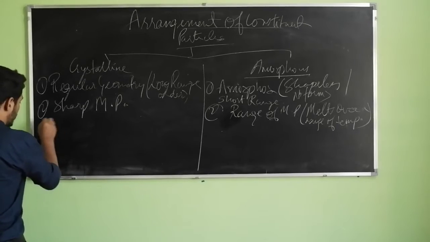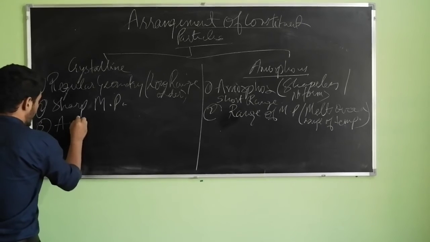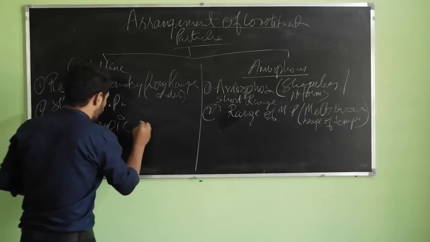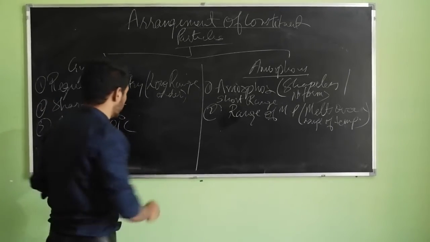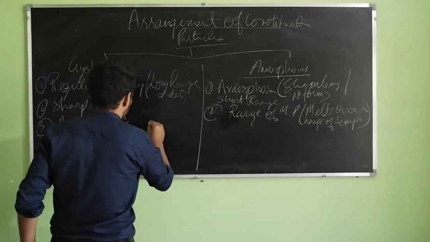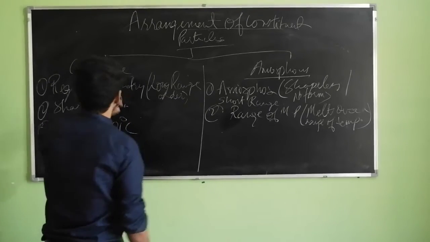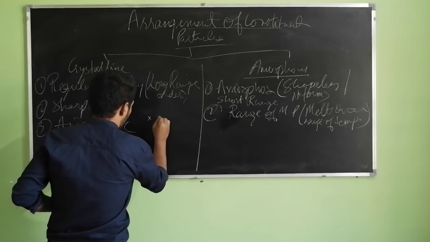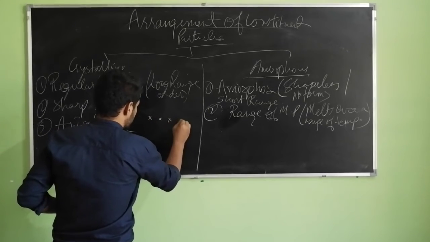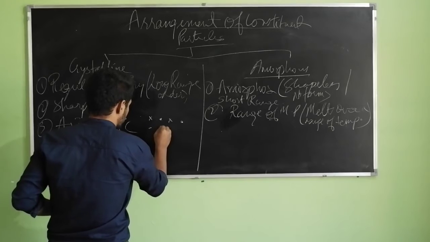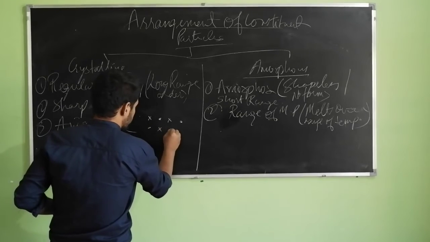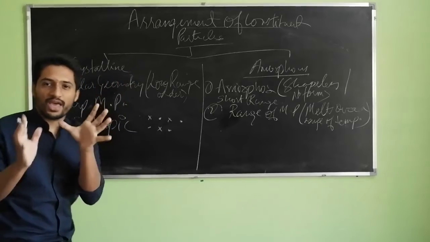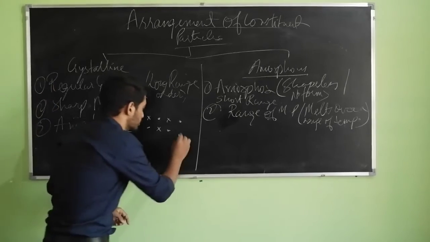Then we have a property which is known as anisotropic. Alright, so what is anisotropic? I'll give you an example for that. Let's say we have crystalline solids. In a crystalline solid, we have an order. This is just a random order, it doesn't have any specific meaning, because in crystalline solids we have orders, and that is what I'm trying to show here.